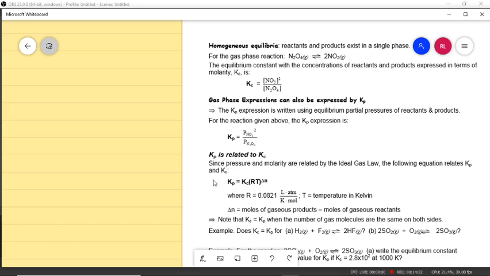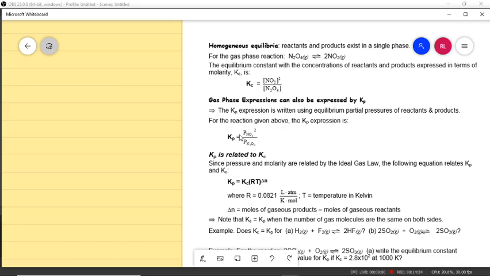Now, how is it related to K sub C, or equilibrium constant? As you have observed, the way we write the expression for K sub P is just the same with how we write the expression for K sub C, except that what is considered here is not concentration. As you can see here, we are not using the symbol for concentration.